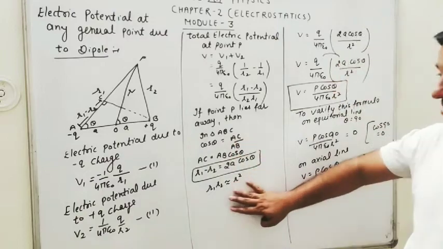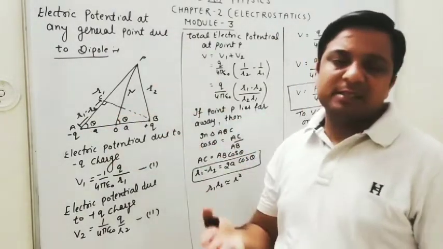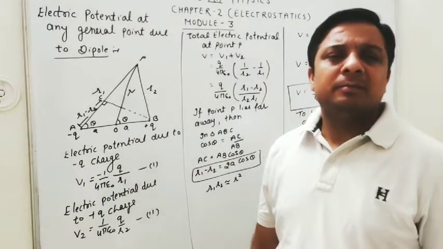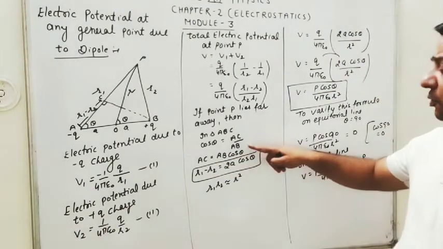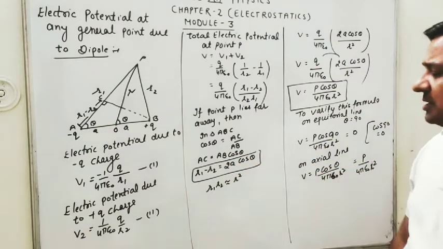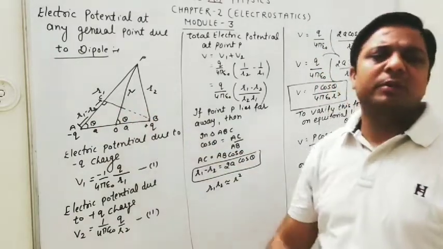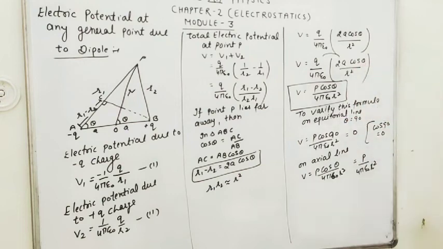So using this concept, and we use cos theta, because the angle is almost the same, since the size of the dipole is very small. Cos theta based upon hypotenuse, AC is AB cos theta, and r1 minus r2 is equal to 2a cos theta, and r1 r2 is almost the same. So with this we have found the formula. Any problem, you can contact me on my personal number.